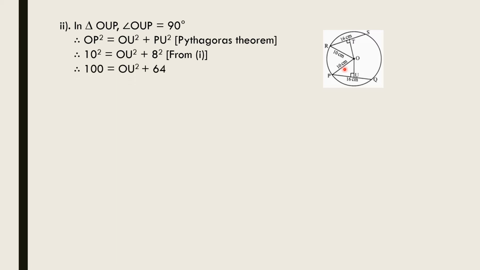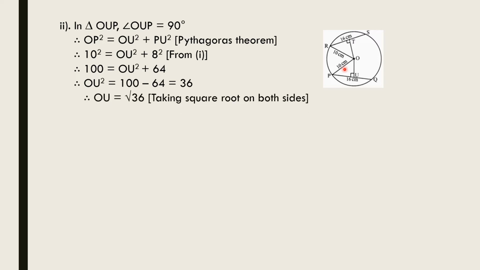Therefore, 100 is equal to OU square plus 64. Therefore, OU square is equal to 100 minus 64, is equal to 36. Therefore, OU is equal to square root of 36, equal to 6 centimeter. Therefore, the length of OU is equal to 6 centimeter.